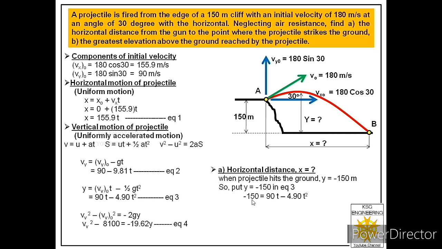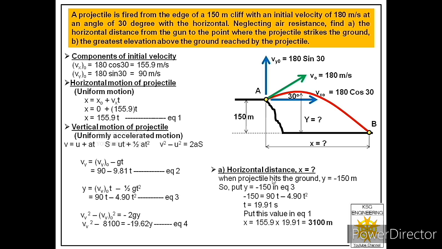When we will apply that formula, we will get t as 19.91 seconds. So we have found the value of t. Now we will put this value of t in equation 1 to get the value of x, or to get the value of first part. So when we will put this value in equation 1, we will get x as 3100 meters. So we have solved the first part of this problem.